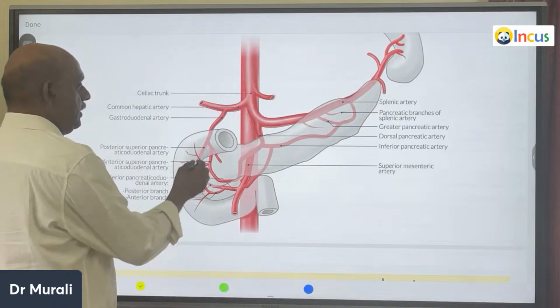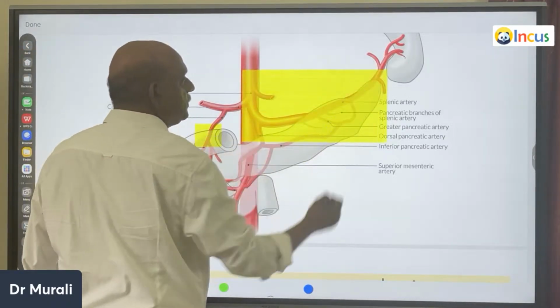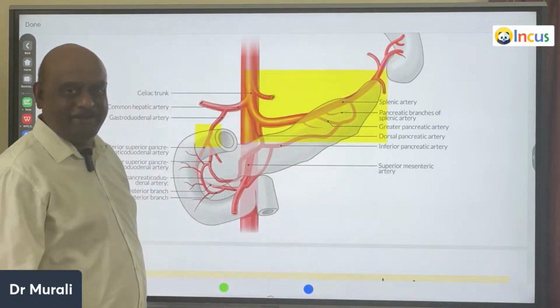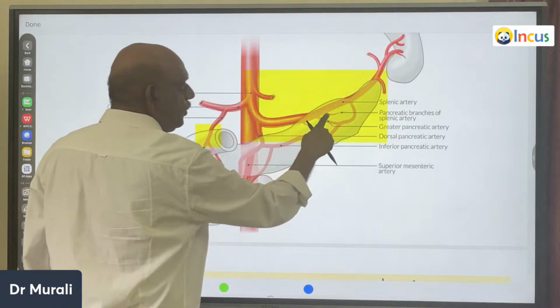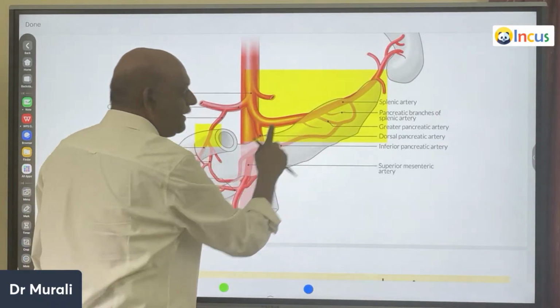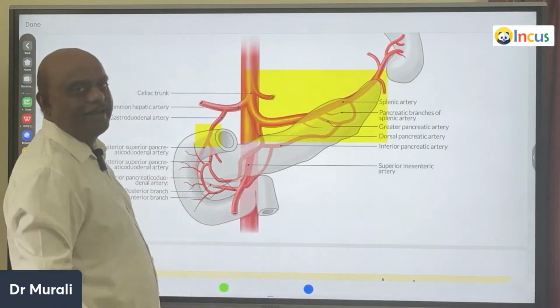So, if you look at this entire pancreas, the spleen is closer to the tail of the pancreas, right, doctor? So here you have the splenic artery, you have the pancreatic branches of the splenic artery, the greater pancreatic artery, the dorsal pancreatic artery, inferior pancreatic artery.